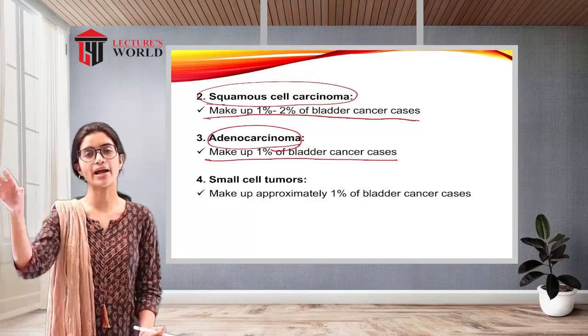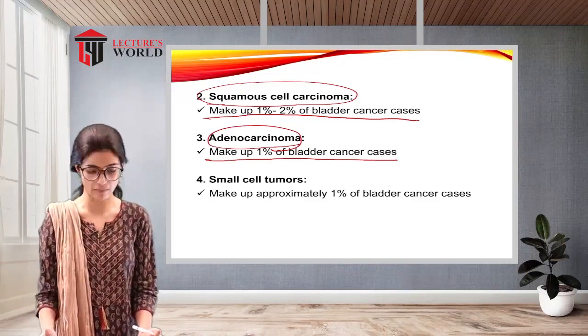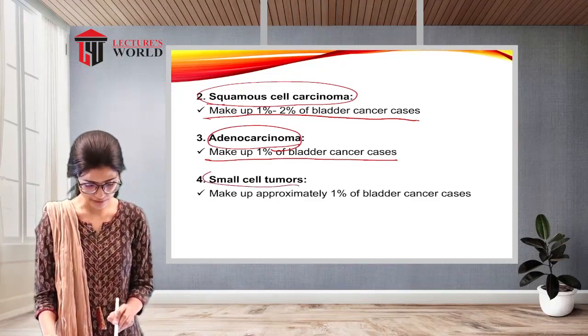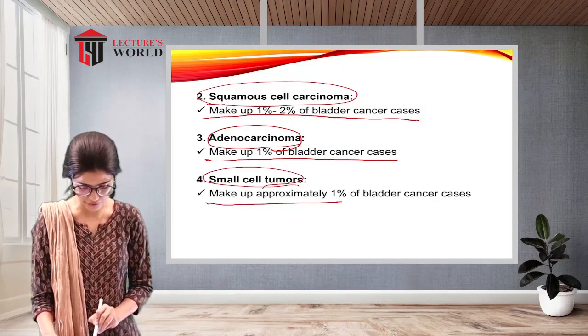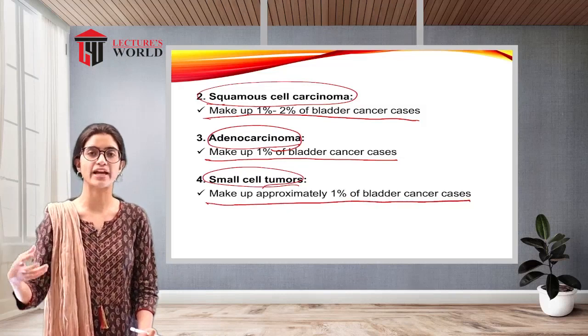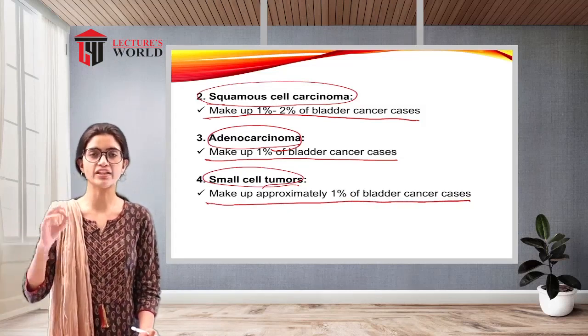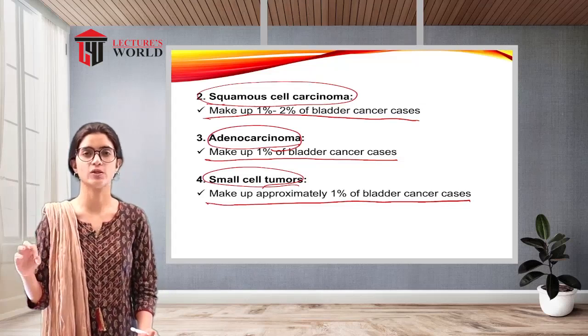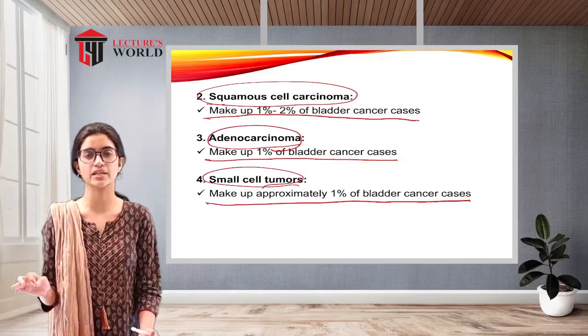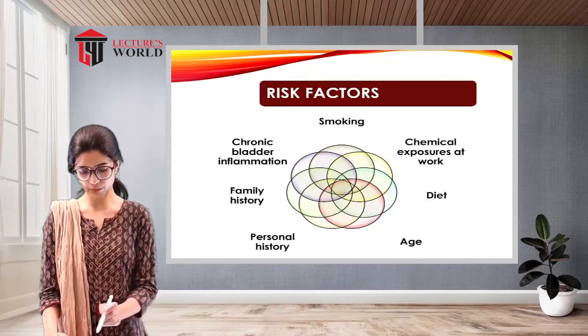Small cell tumors make up approximately 1% of bladder cancer cases. These are the varieties of regions where cancer grows within the bladder, but out of all the types, the urothelial carcinoma arising from the epithelial region has the highest occurrence rate.